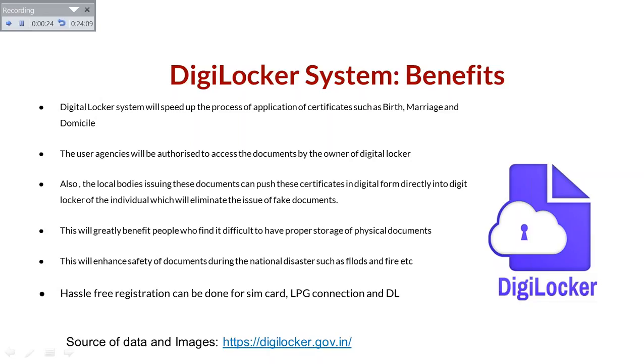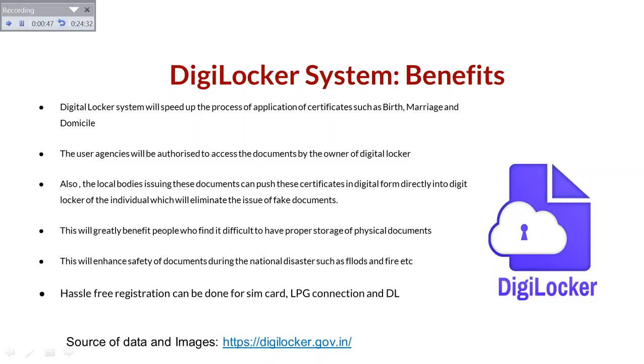The user agencies will be authorized to access the documents by the owner of the DigiLocker. That means suppose you are renting a house in a new town and the owner asks you for some kind of proof of your authenticity, then you can use your DigiLocker and share that link with the owner or the apartment manager, and he will verify it.